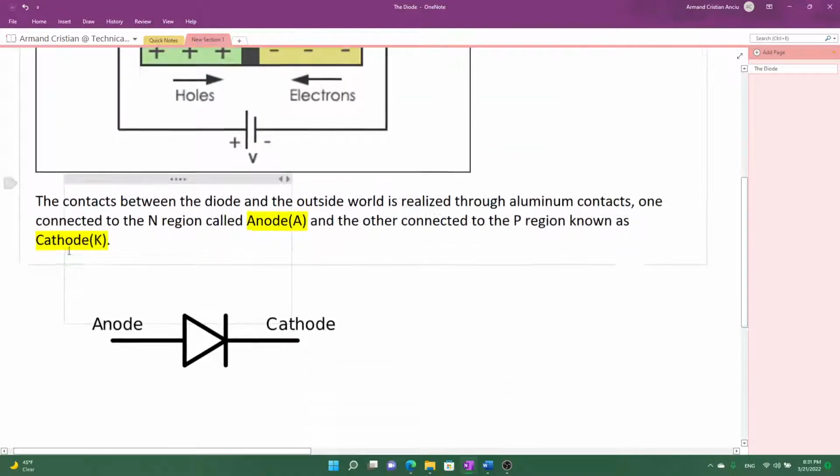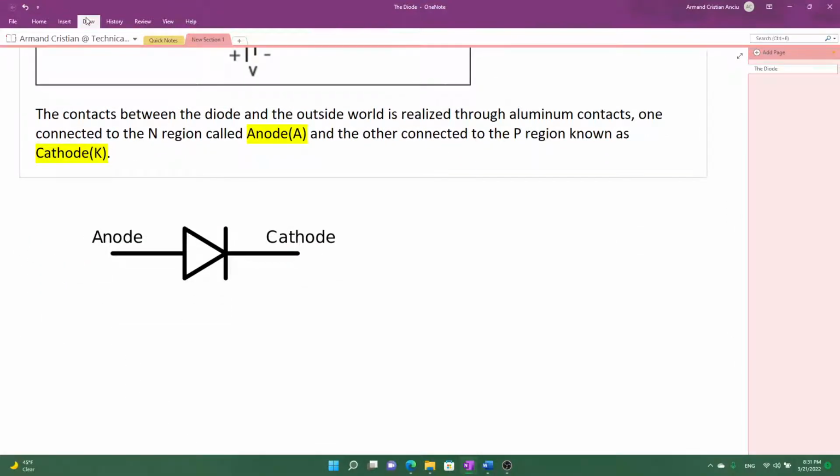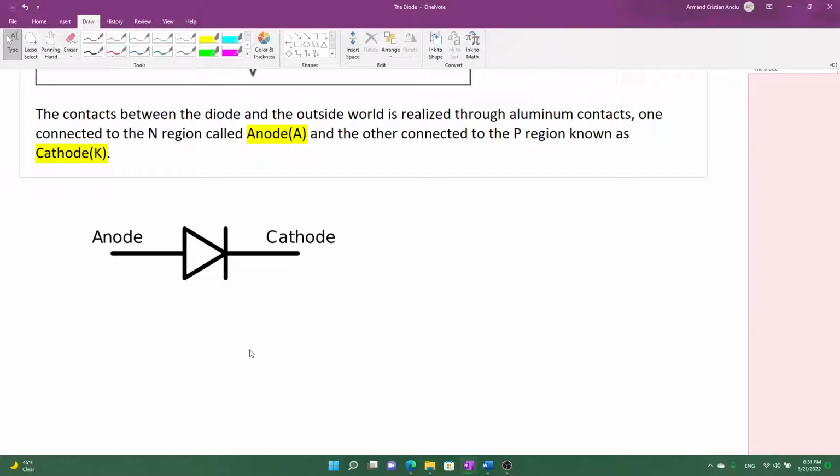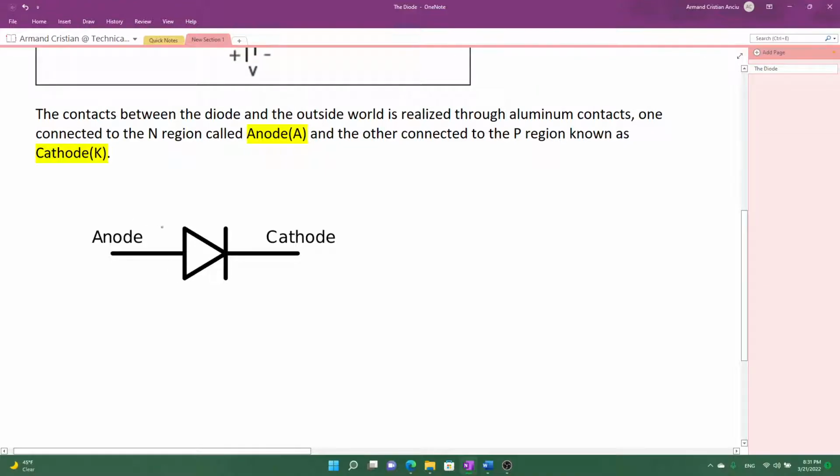Now there are some measurements that we need to take into consideration when we talk about the diode, namely the current and the voltage. The current through the diode is like this. We know that the current goes from the left to the right of the diode due to this arrow here.